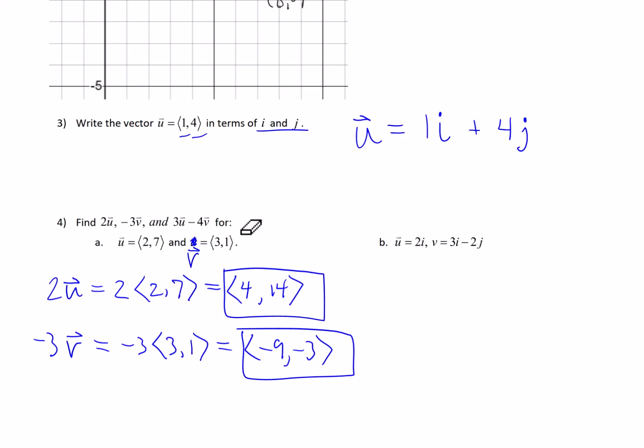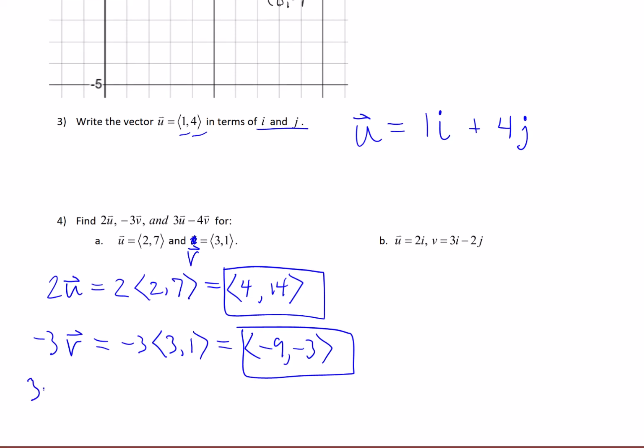And then thirdly, we wanted the expression 3 times vector u minus 4 times vector v. Now, this is a multiple term expression here. You have a subtraction between two vectors that each involve scalar multiplication. So we'll do that in the same kind of way you might expect here.